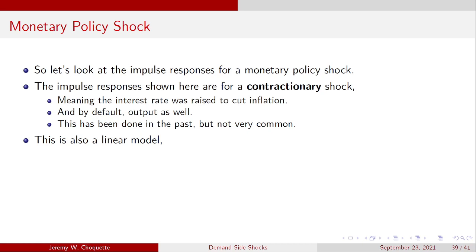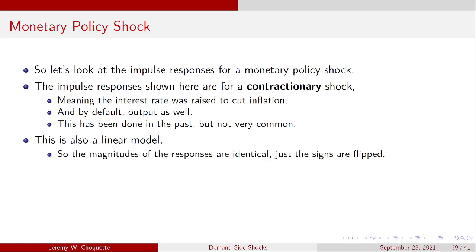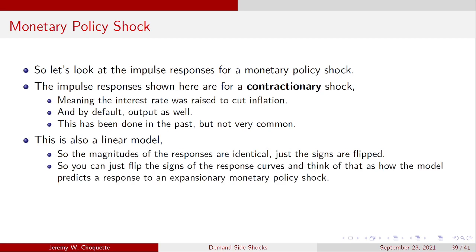What you saw in the graphs was an expansionary shock. This is what's known as a contractionary shock. So instead of cutting interest rates, here they're raising interest rates. But this is a linear model, right? It's linear in parameters. The slopes of these things are all linear. So the magnitudes of the responses are going to be identical, just the signs are flipped.